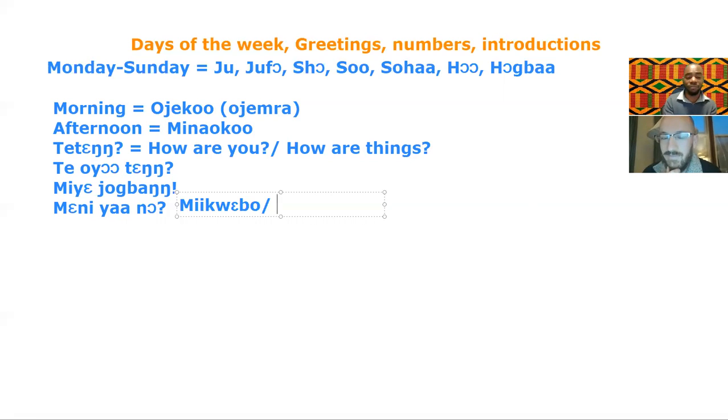Or sometimes people will say Dromosong. Dromosong is more respectful. So it could maybe be a response to Te Oyo Ten. Then you say Numo Dromo, which literally means God's grace.